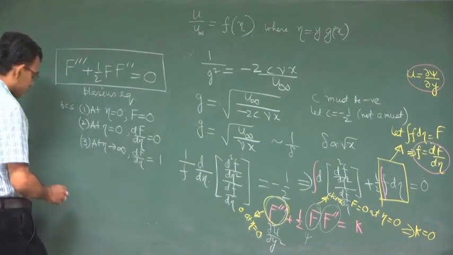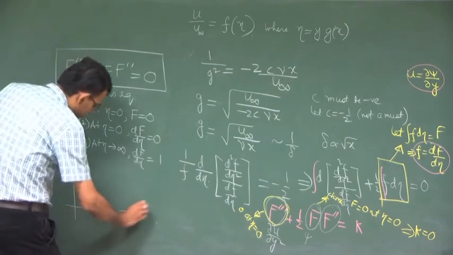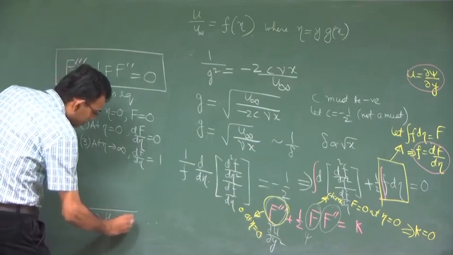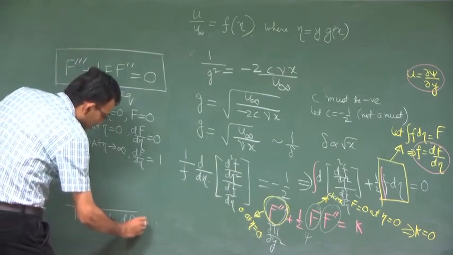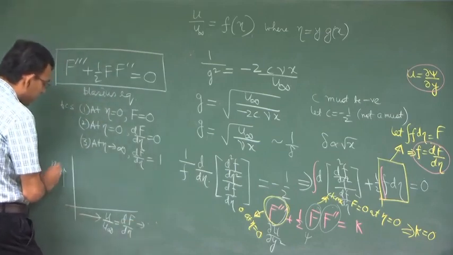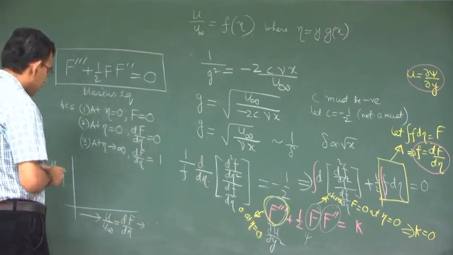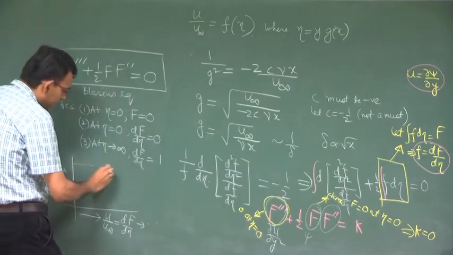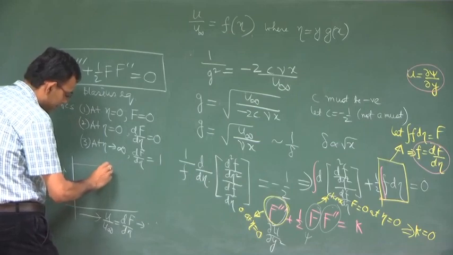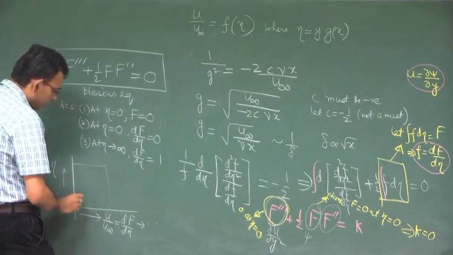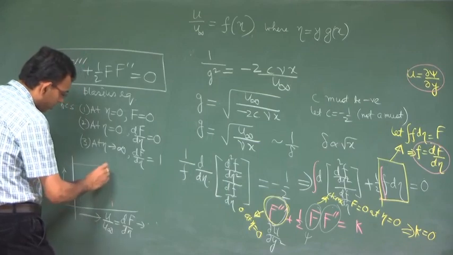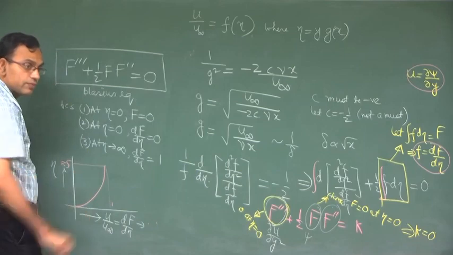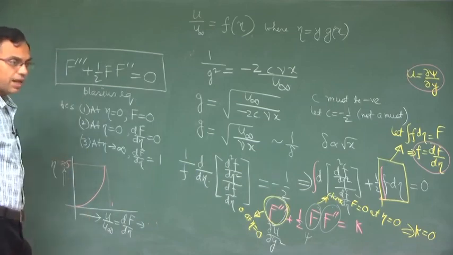So, then if you make a plot of the velocity profile as a function of eta, then from the solution of this the numerical result will come to be something like this. So, u by u infinity will tend to 1 when this is roughly equal to 5. This is the Blasius solution.